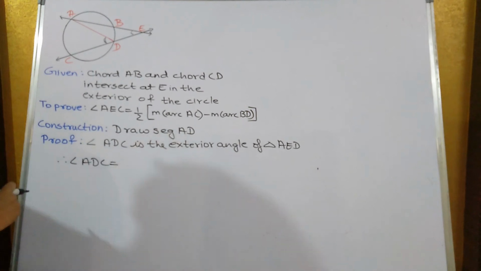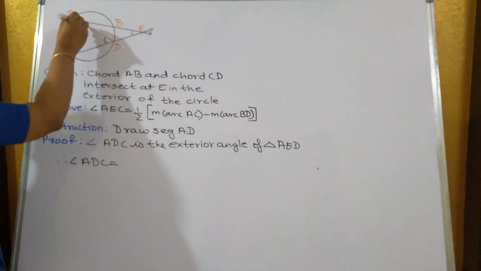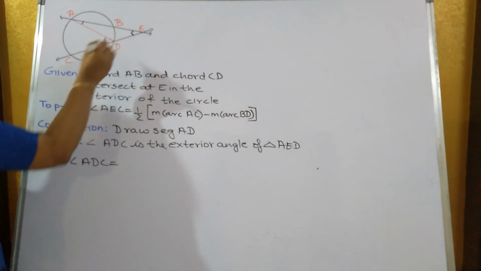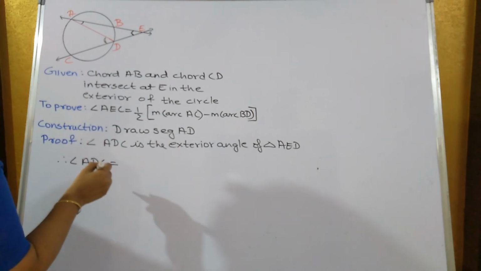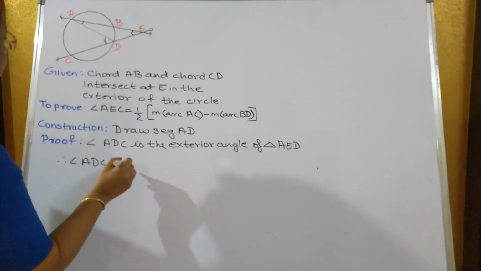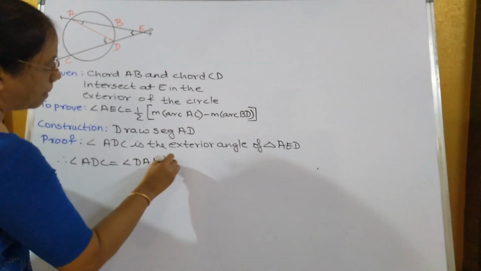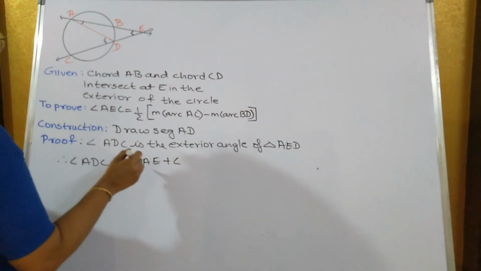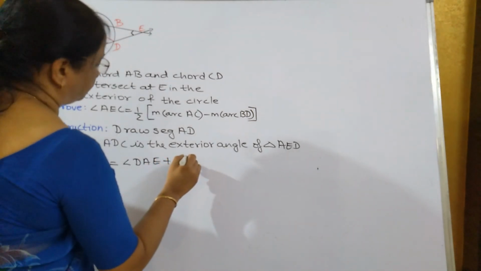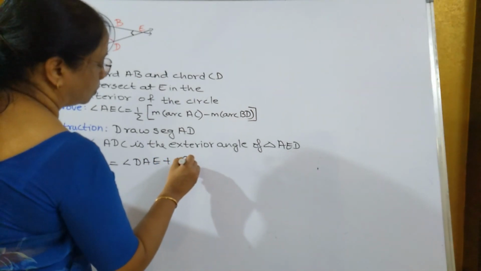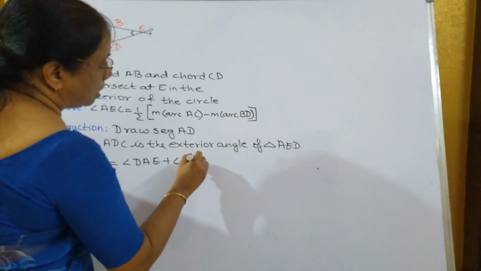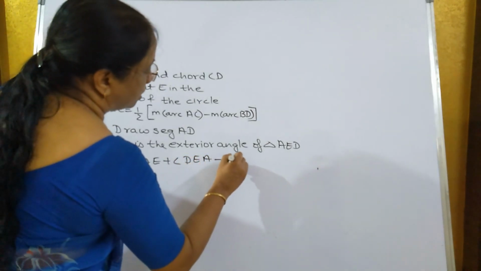So according to the exterior angle theorem, angle ADC will be equal to the sum of the interior angles. Which are the interior angles? This angle and this angle. So angle ADC is equal to angle DAE plus angle DEA. Reason what you'll write? Exterior angle theorem.